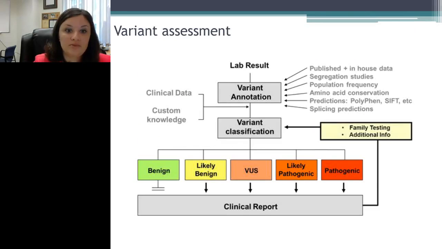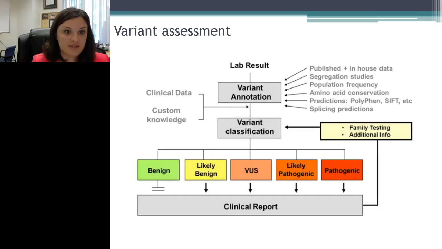The variant assessment process that we have established here at the Laboratory for Molecular Medicine brings in a lot of pieces of variant interpretation. Usually, we run a lot of next generation sequencing tests. We get the lab result that will have various variants that have been identified in that individual, and then we get to work trying to do the variant annotation. We look at a lot of things. We look at published and in-house data.